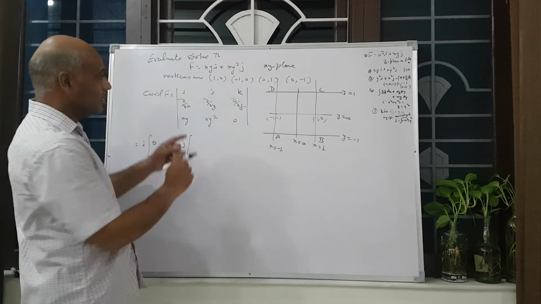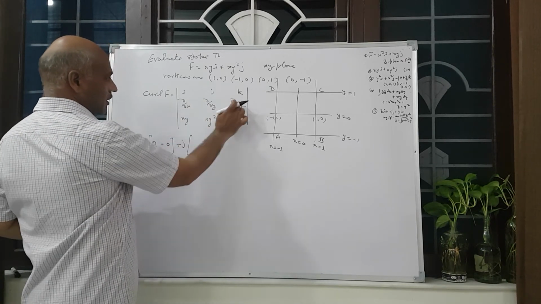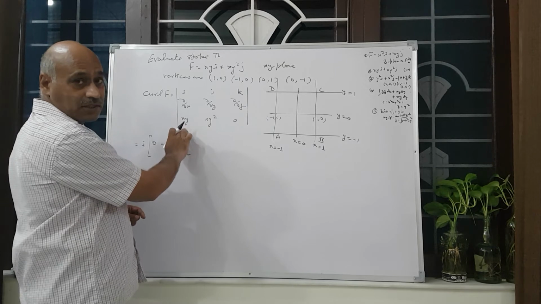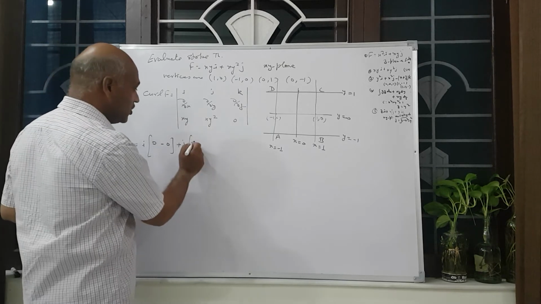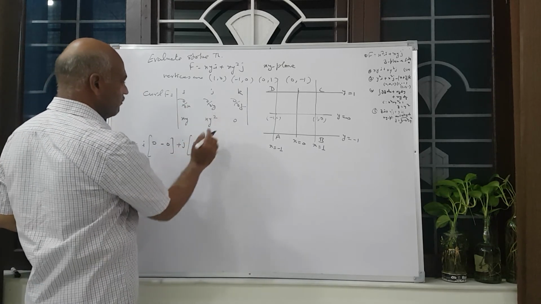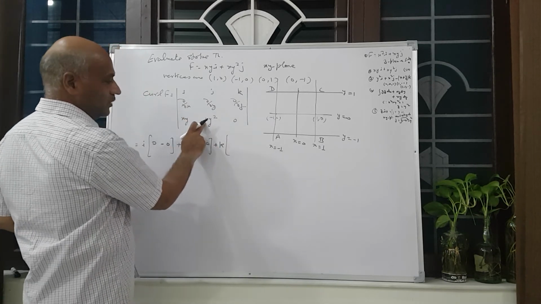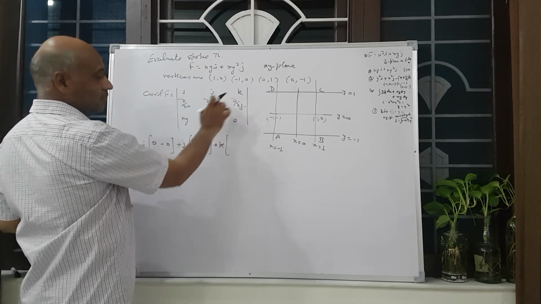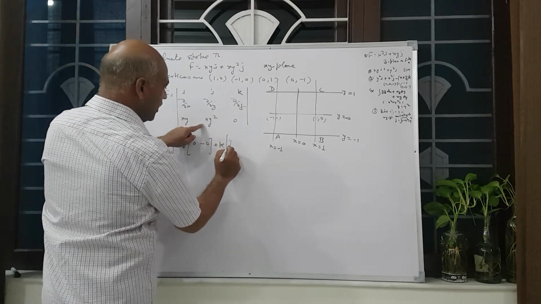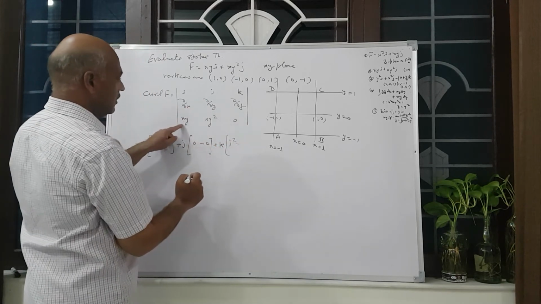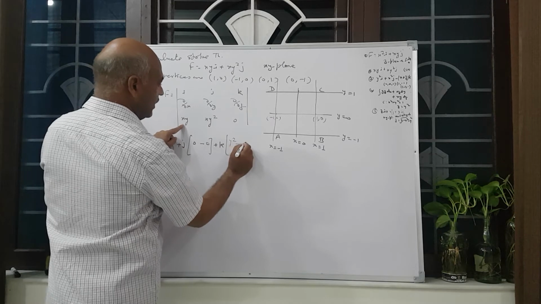Now we change the order. First this one, partial differential of xy with respect to z, 0, minus 0 k. This one, this has gone. Now with respect to x, y square, minus this one with respect to y, x.